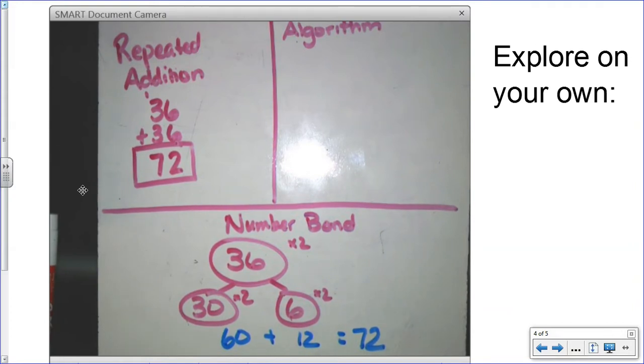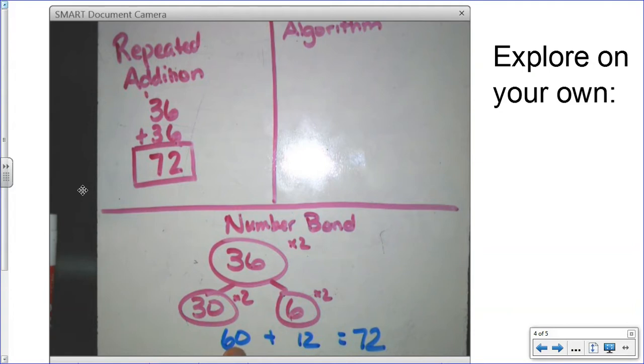Now take note that over here, the 6 is 6 ones, and I get 12 ones over here. So these 12 ones have to be regrouped. And since these 12 ones are being regrouped, I'm going to have 2 ones left over, and these 10 ones are going to become 1 extra 10. So it's like adding 10 over here.